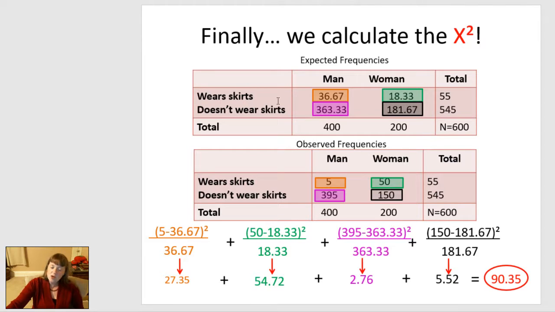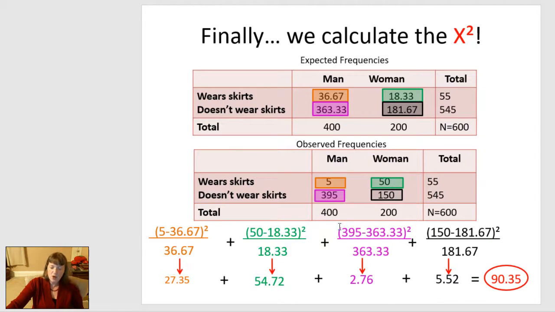And I want you to notice this. There were far fewer men wearing skirts than what the null would expect. Being a man was decreasing the likelihood that someone would wear a skirt. Here, there were far more women wearing a skirt than what we would expect to see if the null was true.